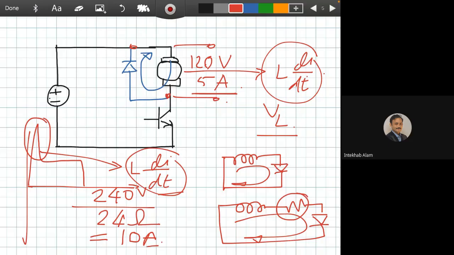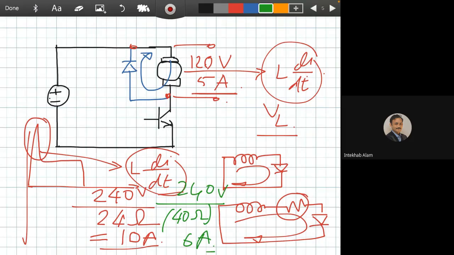If you make a good choice of 40 ohm, then it will become 6 ampere. It is your choice. To protect the switch from L di/dt, you have to ensure a freewheeling path with a diode. So the diode will protect the switch from the inductive surge.